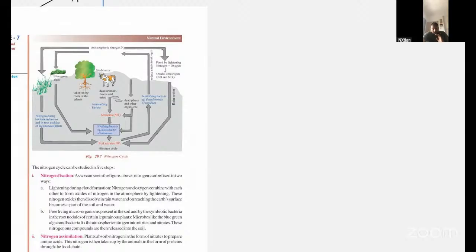Still, the ammonia is not eatable by the plant. That ammonia is converted by nitrifying bacteria like Nitrosomonas or Nitrobacter. They convert it into the chapati of the plant, which is the NO3, nitrates. Did you understand? And denitrifying bacteria converts this back.